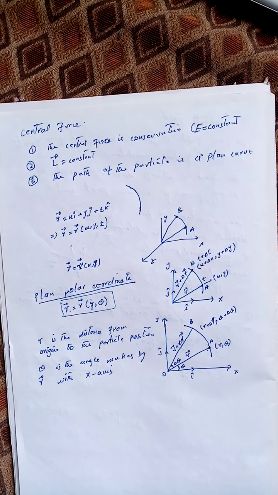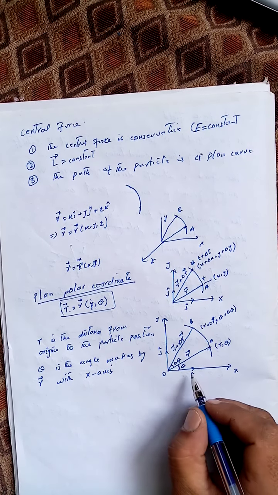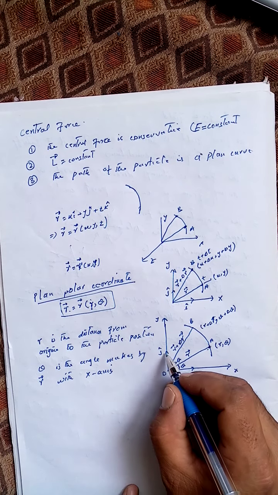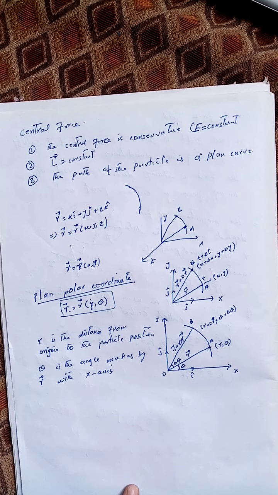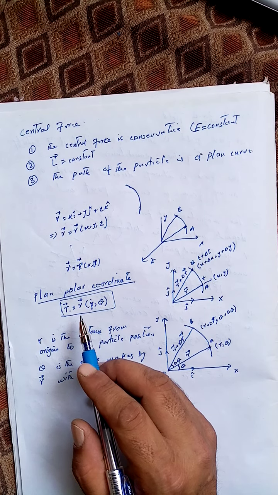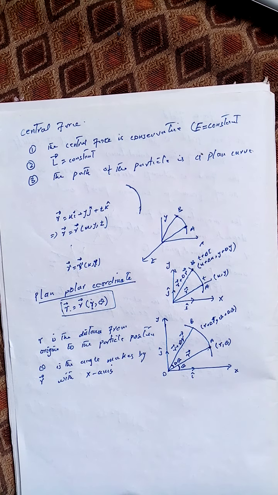Now in Cartesian coordinates, we assign the unit vector i along the x-axis and j along the y-axis. Now in the plane polar coordinate system, we also have two unit vectors, one is r and the other is theta.